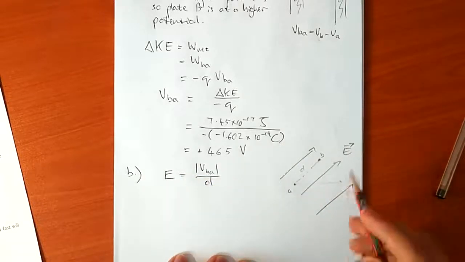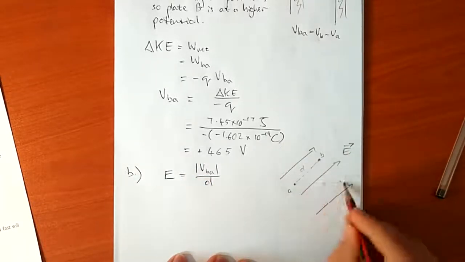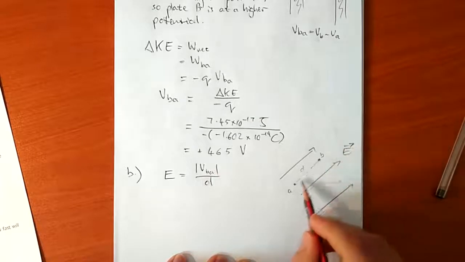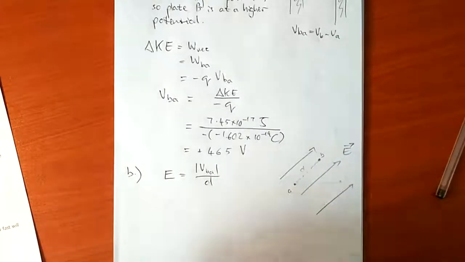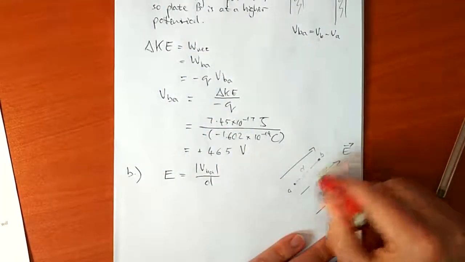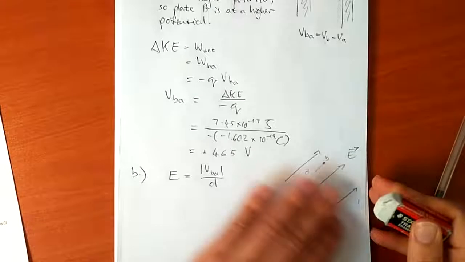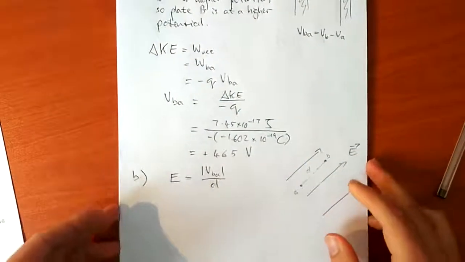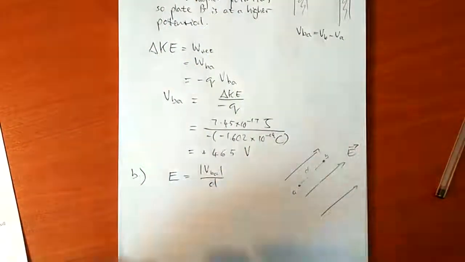You would only have gotten the strength of the electric field along this direction. So you'd only have worked out the magnitude of the component of E in this direction. But if you're after the electric field strength itself, then just be sure that your points A and B are operating in the same line as the electric field.